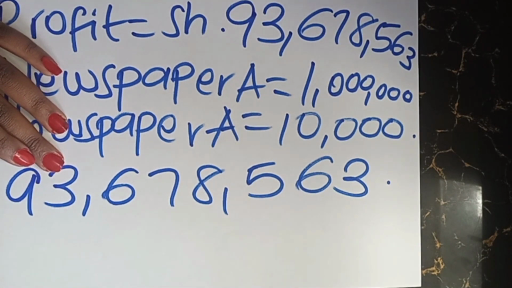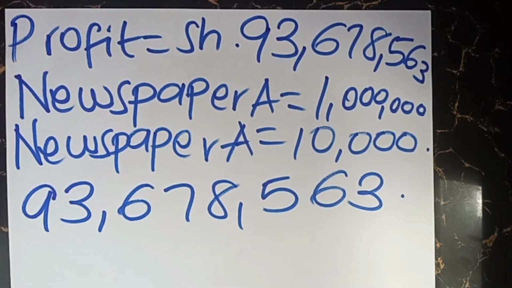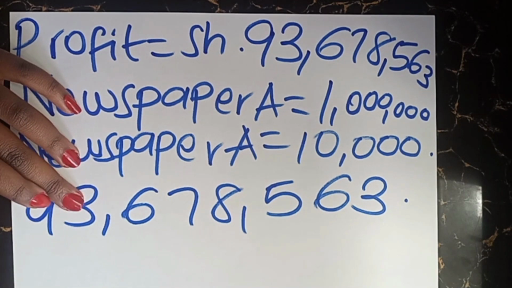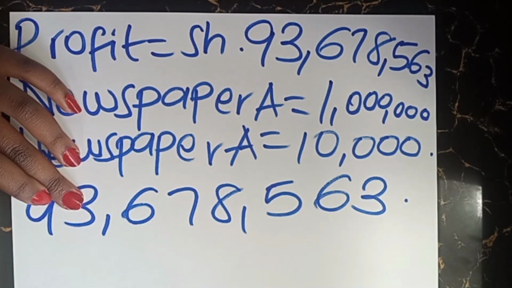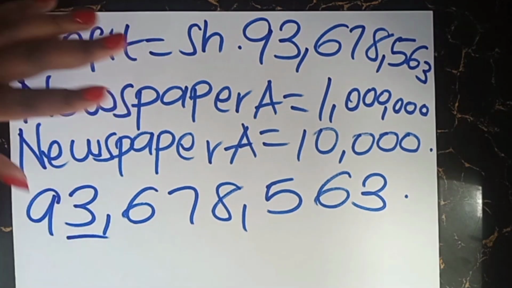Place value is a topic that we covered some time back, so I'll leave the link to that lesson in the description box below so that you're all on the same page. So the millions place. The first three is in the millions place. That's your most important digit.